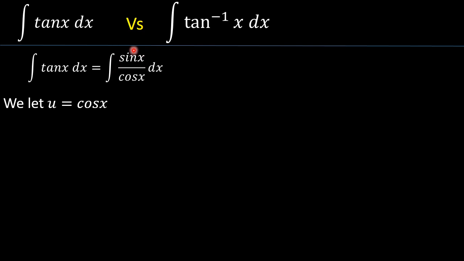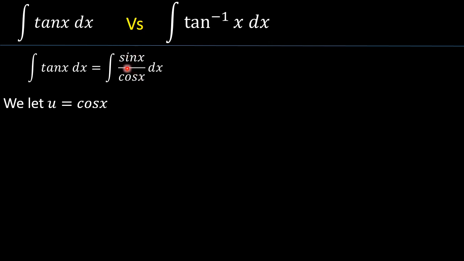If we let u be sine x, du gives cos x, which is what we have at the bottom, but we don't want du to be at the bottom. We want du to always be in the numerator.